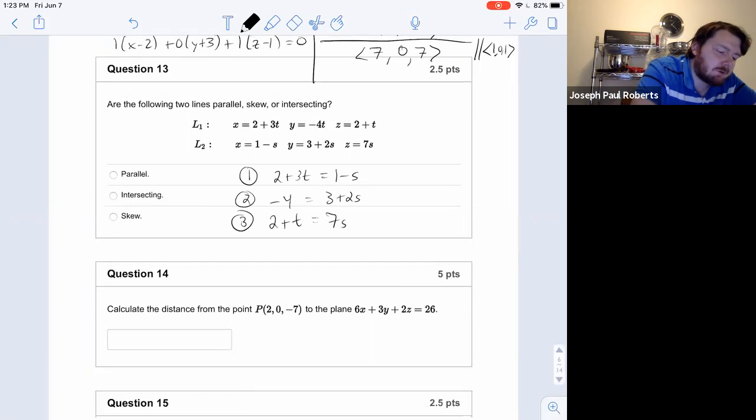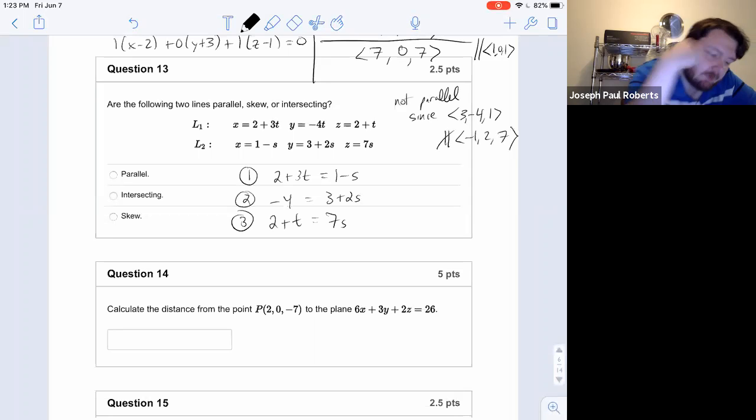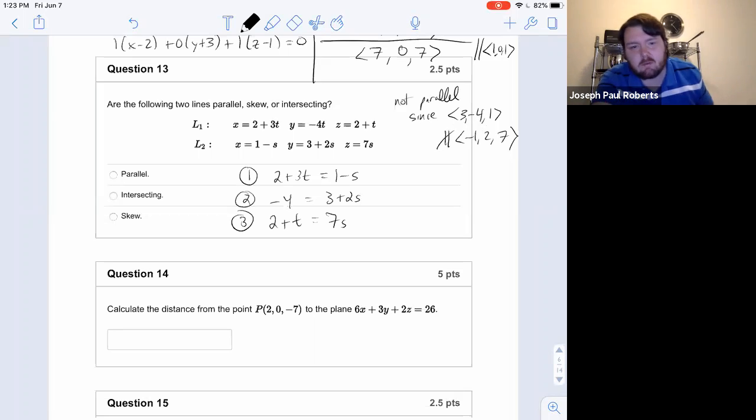First of all, it's not parallel because the vectors for these lines, 3, negative 4, 1, and negative 1, 2, 7 are clearly not parallel vectors, right? If I go from here to here, I'm dividing by negative 3, which isn't the case for the other components. So hopefully you guys are comfortable looking at vectors and knowing whether or not they're parallel pretty quickly. But these aren't, so these lines aren't parallel.